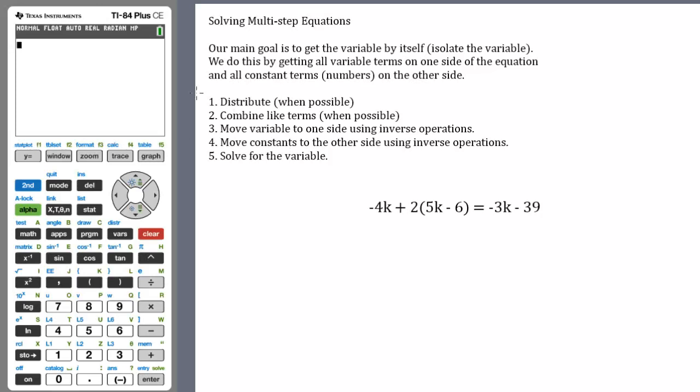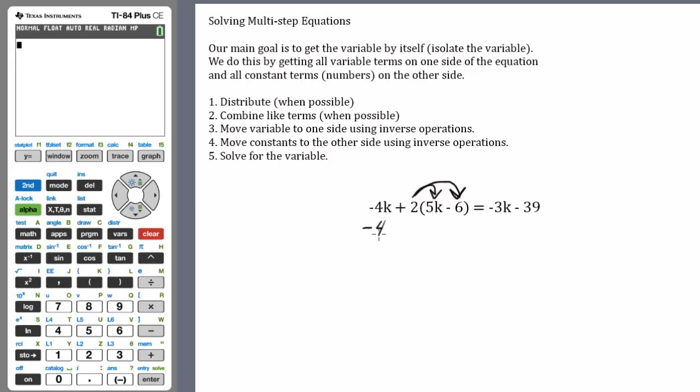All right, so take a look at this one. What's the first thing you can do in this equation that we want to solve? So unlike the last one, this one you see it does have parentheses, which means we can do the distributive property. So we want to distribute this 2 to the 5k and then distribute the 2 to the negative 6. So I'm going to leave the 4k alone.